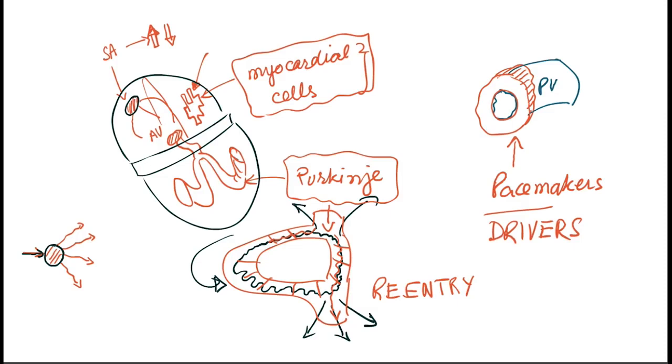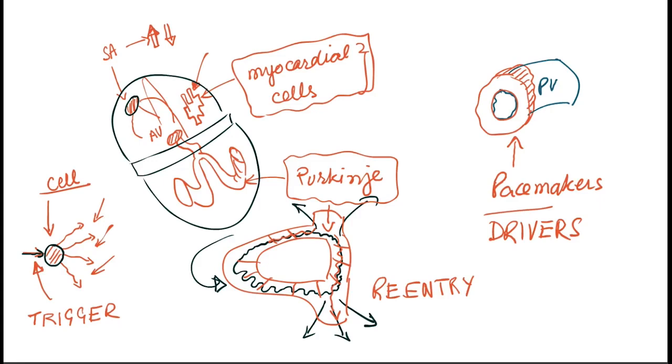But this is the triggered activity. Why triggered? Because we need a trigger. We need an impulse to come in, and then the cell, the myocardium or the tissue cell, is abnormal enough that it converts one impulse into multiple impulses, which you are seeing here. So, of course, this would cause tachycardia, this would cause arrhythmias, this can cause fibrillation, and so on.